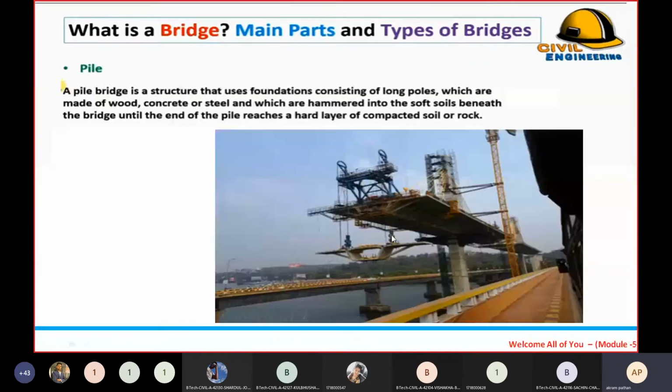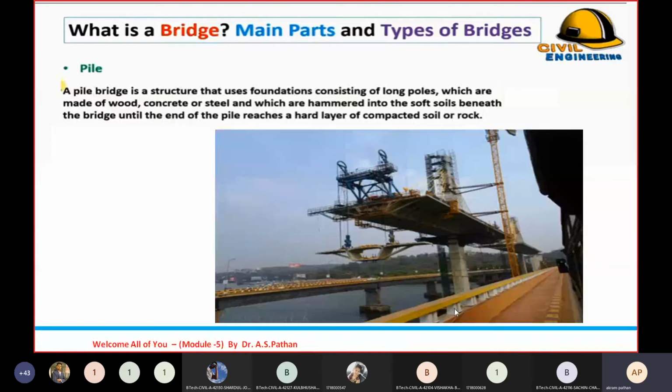Then what do you mean by the pile? Okay, so in case of underwater construction, whenever there is loose soil, then to strengthen the foundations of the bridge, we have to insert piles.